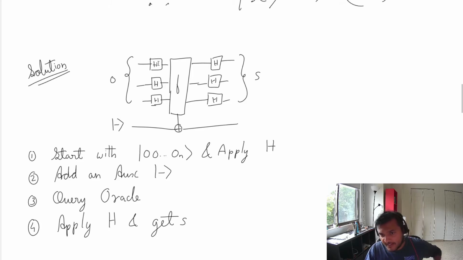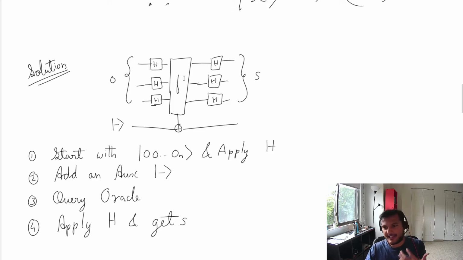We applied Hadamard to each of the 0 bits, and then we applied the oracle coupled with this auxiliary state to perform the computation that we wanted. And then we applied the Hadamard again to get the inverse, and that gave us the secret string. So this is how our circuit looks: two sets of Hadamards and then the oracle in between and the auxiliary state.